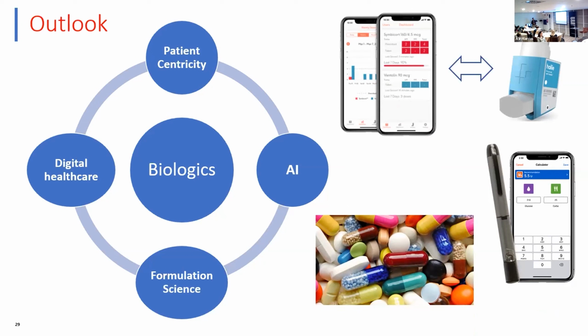So inhalation devices, also digital inhalers that can be connected directly to your phone, and you can monitor or track how the therapy is going. We already have the case for the smart pen for insulin and subcutaneous administration. And for the future, I'm hoping to see a lot of oral drug therapies also for biologics.